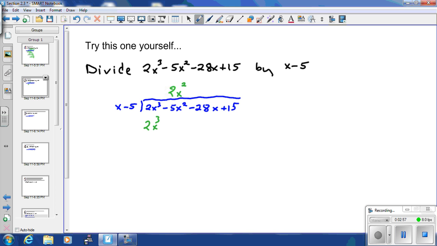I get 2x cubed minus 10x squared. Let me subtract that. This becomes plus, this cancels, becomes plus, so I'm going to end up with 5x squared when I add above. And I bring down what's next, minus 28x.